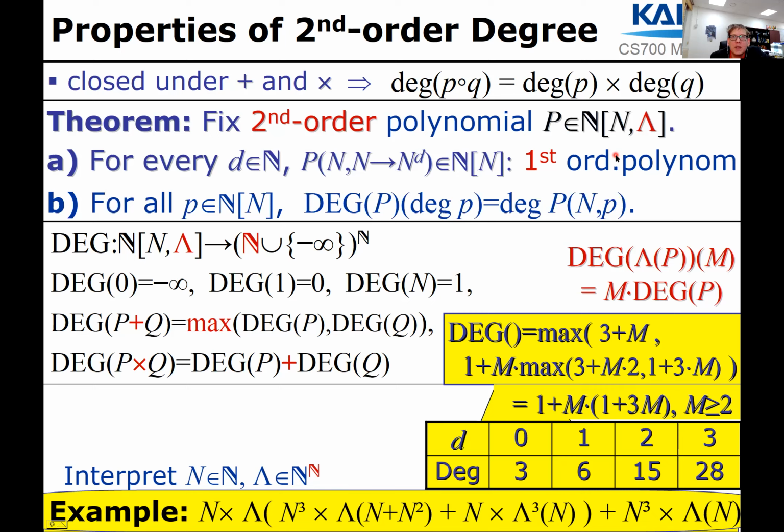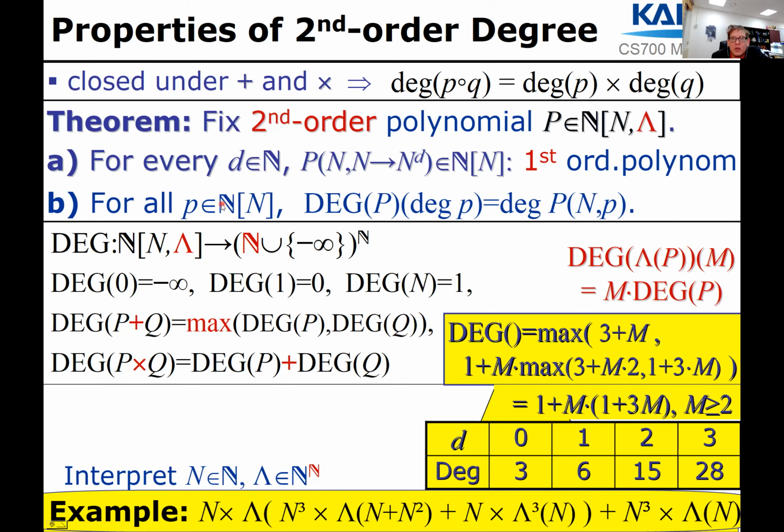The second statement of the theorem says that actually the degree of the second order polynomial, right, it's some function from natural numbers to natural numbers. And if we plug in for the argument the degree of some first order polynomial p.